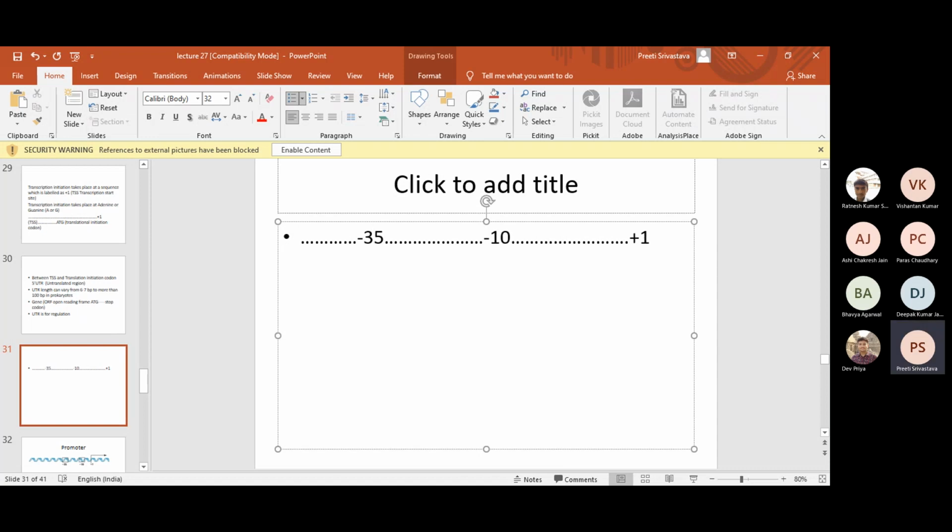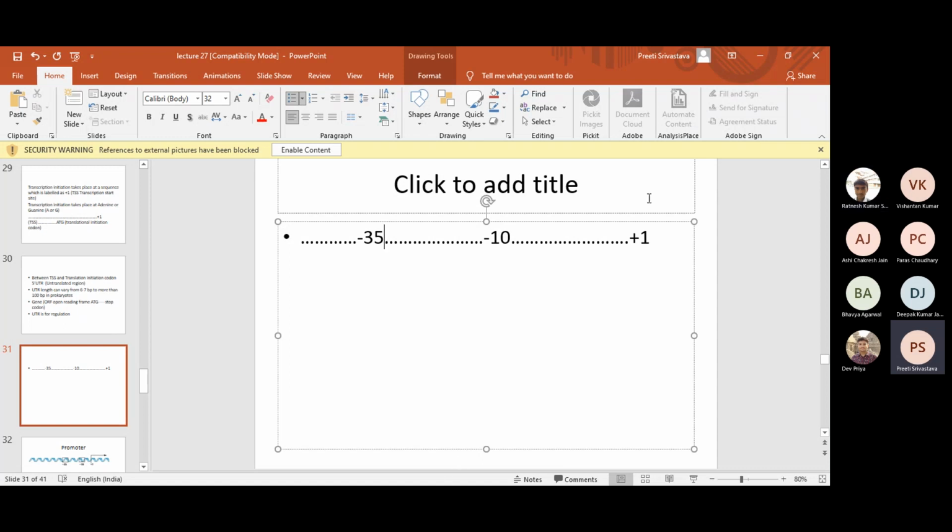The class knows what minus means, because the counting is now in the upstream direction. Any counting after +1 will be in the positive direction, like +10, +20, +55, and any counting before this will be in the minus direction, like -10, -35, -50, -155.